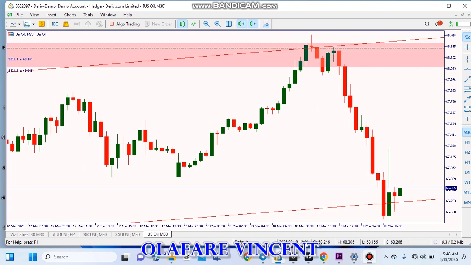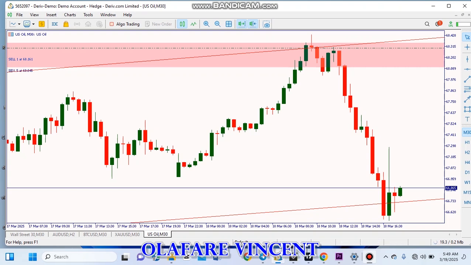Then we see the market come and retest this zone. Once it retests this zone, I see an indecision candle. Then we have an engulfing candle. So at this engulfing candle, I entered from this side.